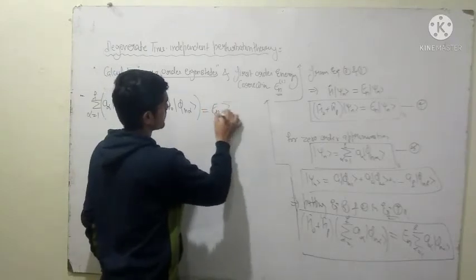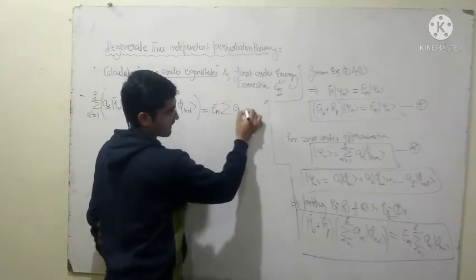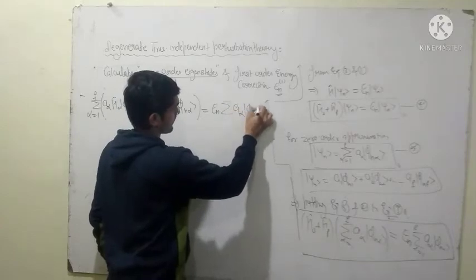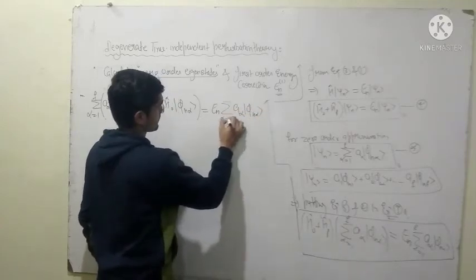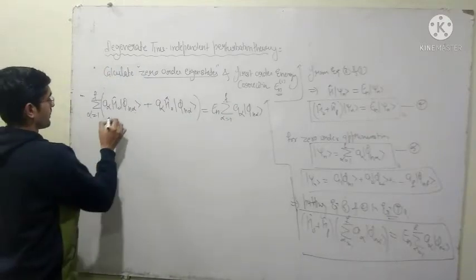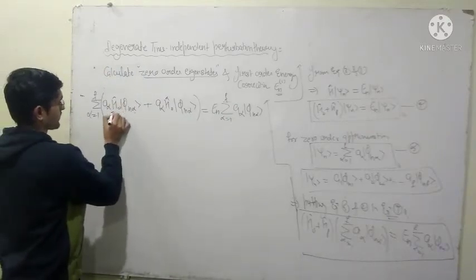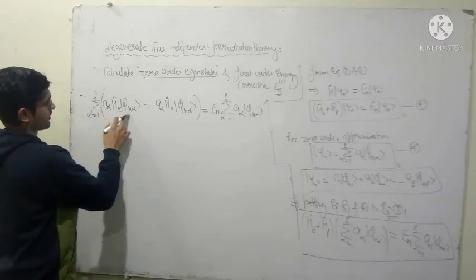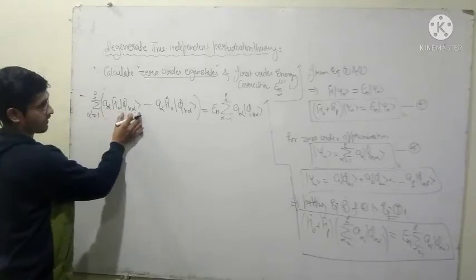Summation over alpha, a alpha times n alpha, with alpha from 1 to f. Okay. Now we know what happens when this Hamiltonian acts on this particular state, which is already known.